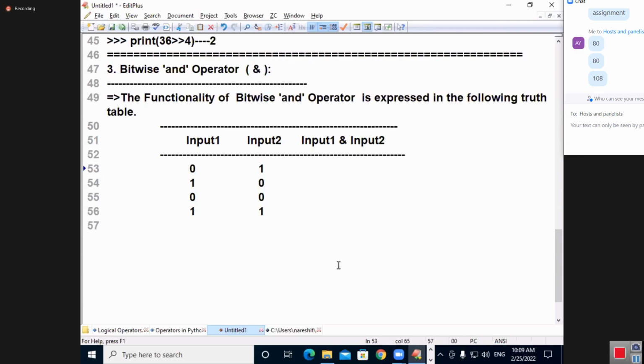Come on, students. 0 and 1, 0. 1 and 0, 0. 0 into 0, 0. 1 into 1, 1. This is the product rule. Just remember. If I say product rule, you will say bitwise AND operator.